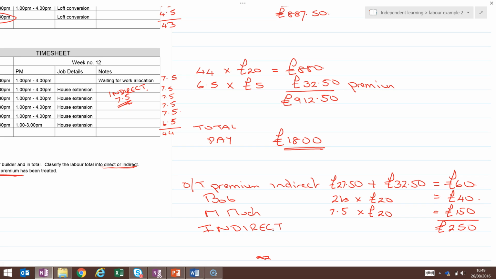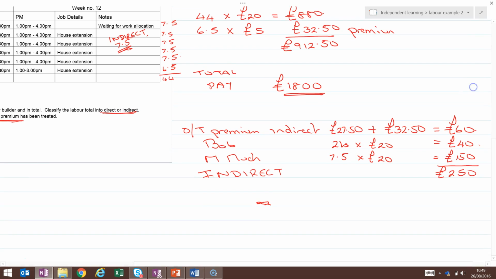So we've taken the overtime premium as indirect. We've taken the hours when they weren't doing loft conversions or house extensions as indirect. All the rest of the time, they were working on direct work.